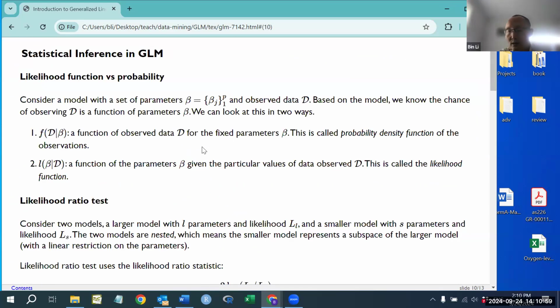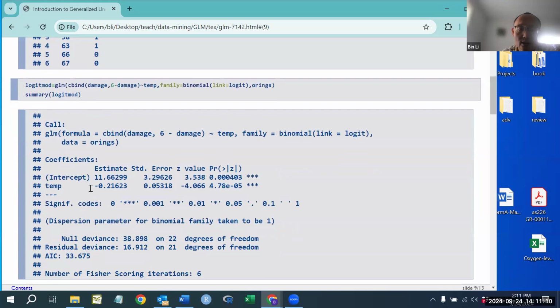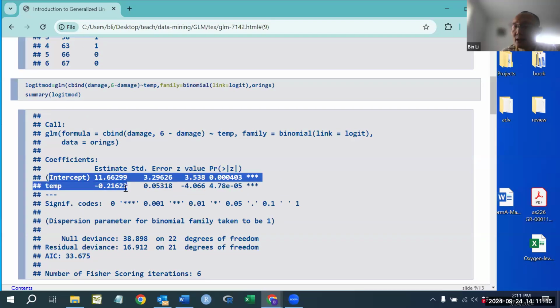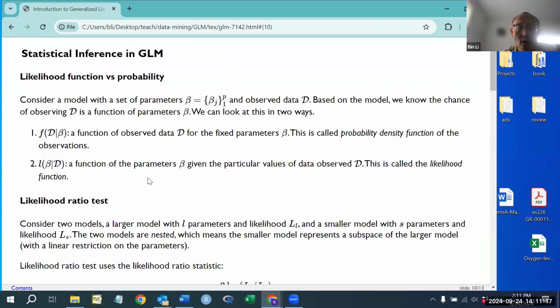Okay, now let's talk about the statistical inference in the GLM. In the previous slides, we only talked about the model interpretations, right? How to interpret these coefficients. Okay.